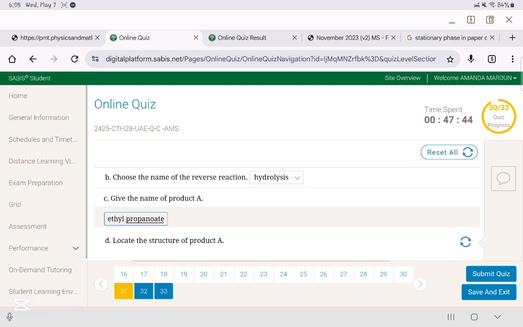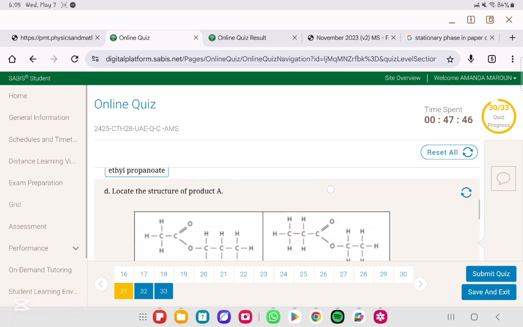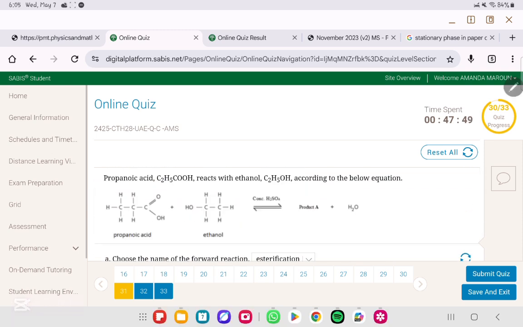Okay, locate the structure of product A. Now it's going to be the opposite of the naming. It's going to be the acid first. Remember, in the structure, always the acid is first, and then the alcohol. So you're going to have first 3 carbons, and then you'll have the ester bond.